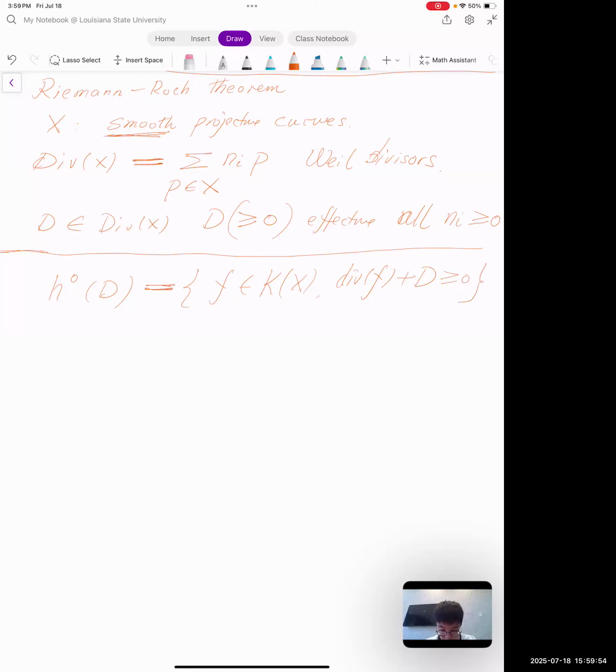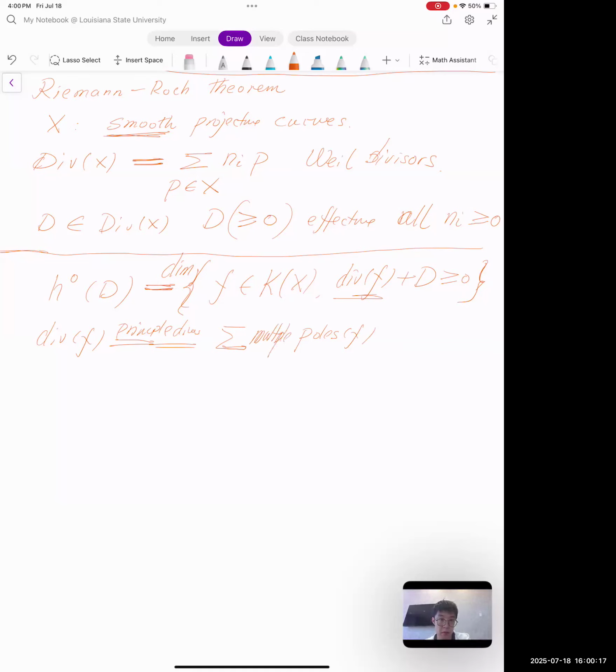And we take the dimension of the space spanned by all of these. This is called a principal divisor, which basically captures the poles and the zeros of s with multiplicity.